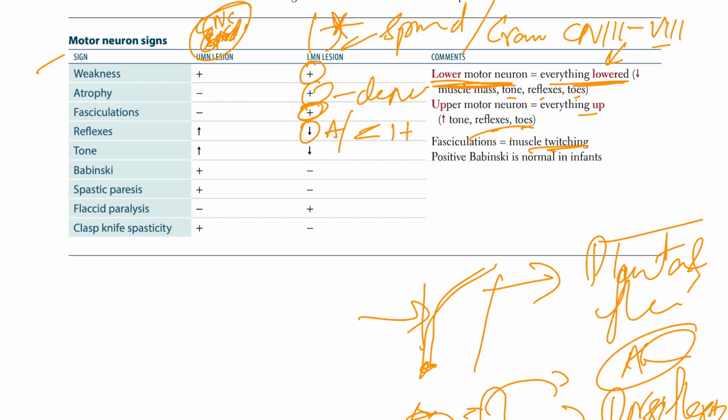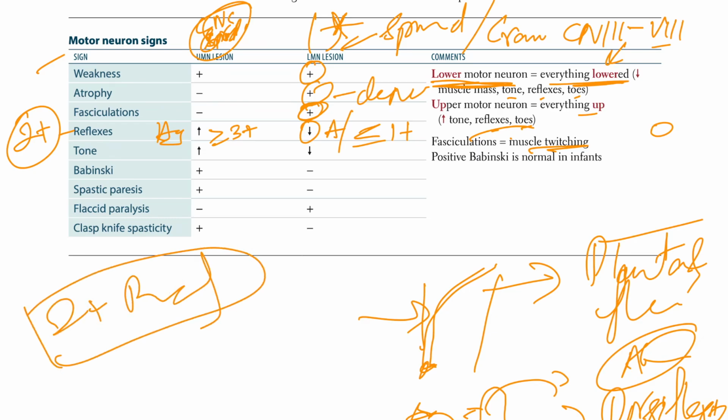Okay, that's the reflexes. Normal reflexes 2 plus. Anything equal to 3 or more than 3 is known as hyperreflexia. Anything less than or equal to 1 is called hyporeflexia. 0 means areflexia. 2 is normal. When they say 2 plus reflexes, they are saying normal reflexes.